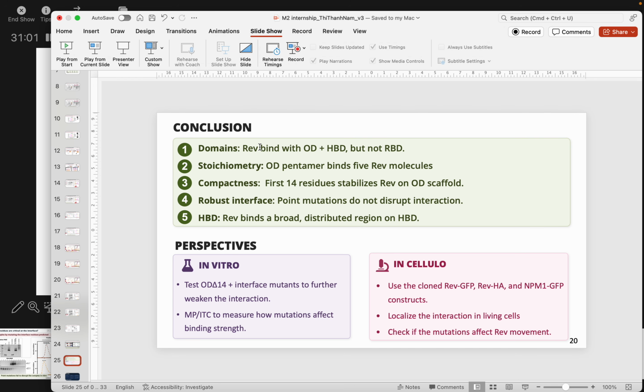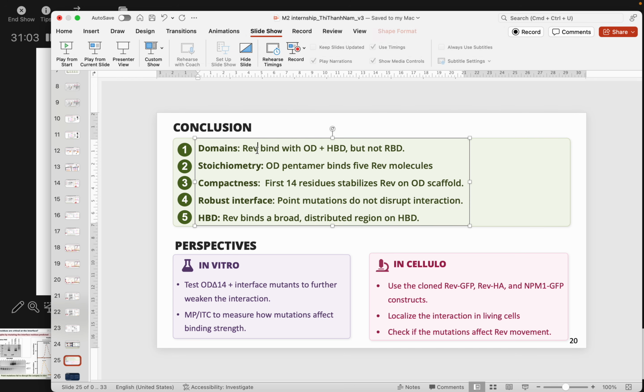Perhaps you can have a little drawing, like the one that you present, OD, HBD, and RBD, and when you put it on each slide, put something in gray here.